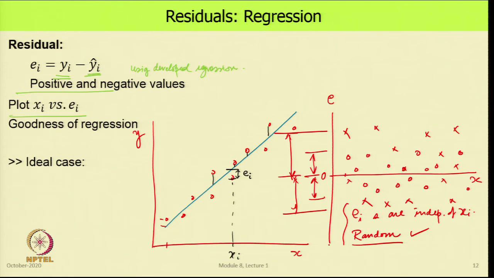And it only tells you that yes, in the second case also E_i are independent of x_i, they are also random. So, we are in good shape, but when you compare it with the other one, you say that the limit within which the circles lie is smaller than the limits in which the crosses lie, which tells you that this data which was taken here is of a better quality than this data.